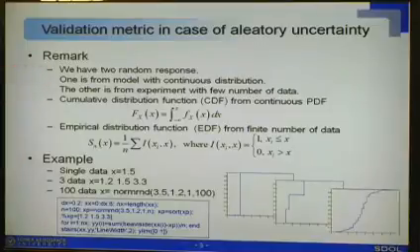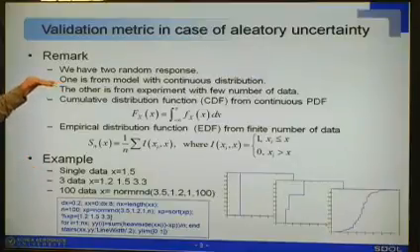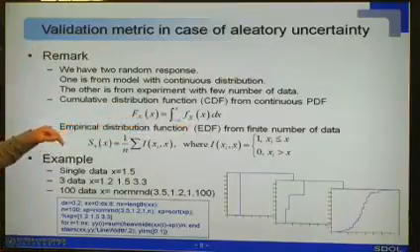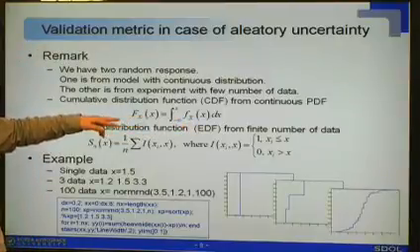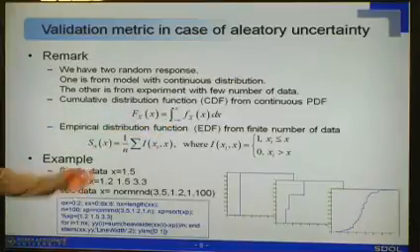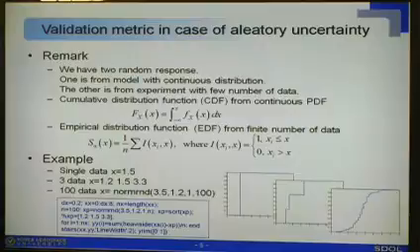From the model, we also have the distribution, but in that case, we say it can be a continuous distribution, unlike the experiment. So theoretically, the CDF of the model can be written this way. Very easy equation. This is the PDF. This is the CDF.